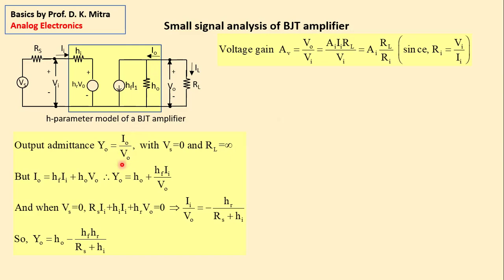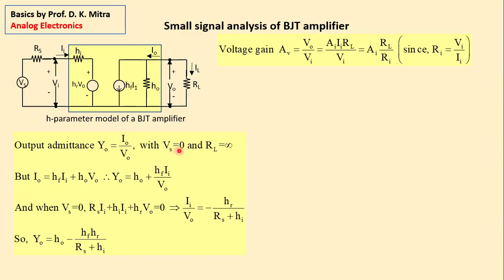But by definition, output admittance is IO by VO when all other voltage sources are shorted, that means VS has been removed. This is the condition of the definition of the input and output admittance and impedances.